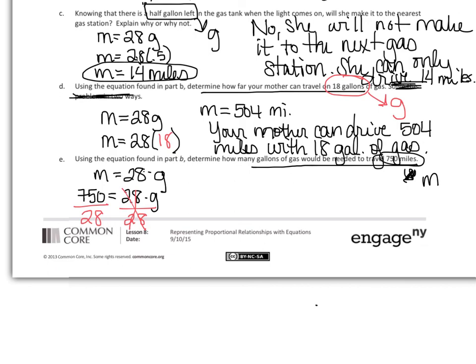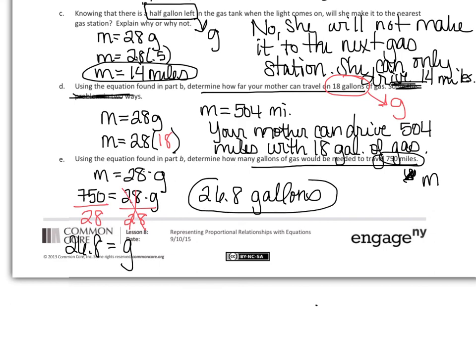That simplifies to 1. 750 divided by 28 is 26 8/10 gallons. So 26.8 equals G. So the answer would be 26 8/10 gallons would be what you would need to have in your car in order to travel 750 miles without stopping.